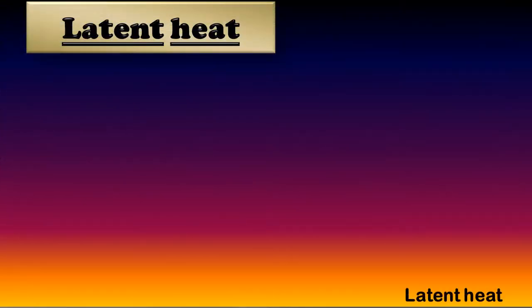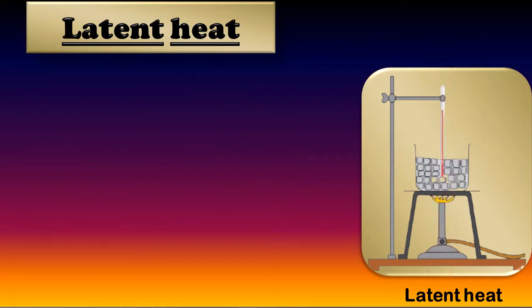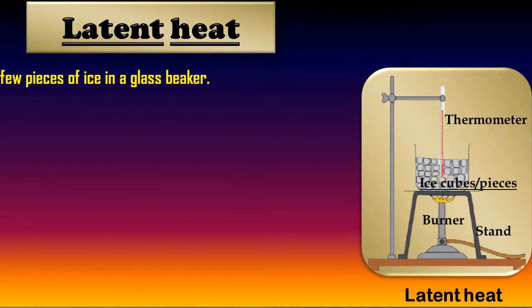Now here one experiment is given to demonstrate latent heat. Let's see the points one by one. First, take a few pieces of ice. Here are the ice cubes, and a thermometer is inserted in the vessel containing ice cubes, and this is a burner, and this is a stand on which the vessel has been kept.